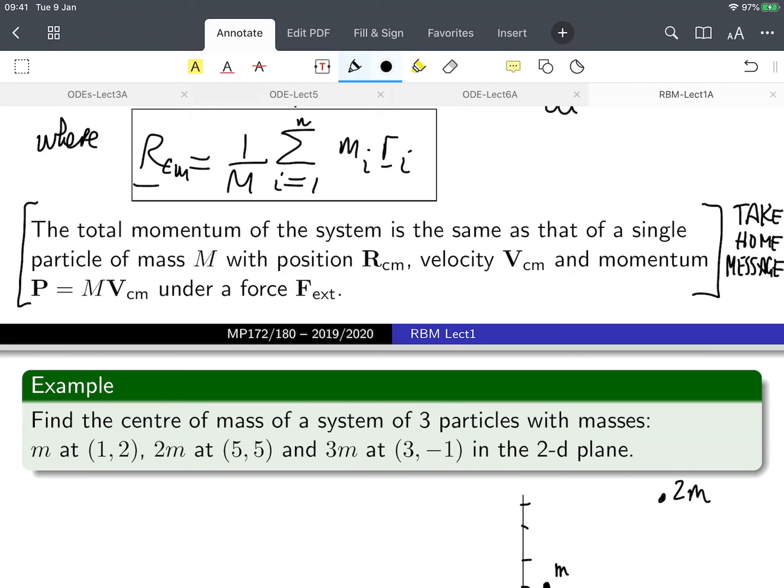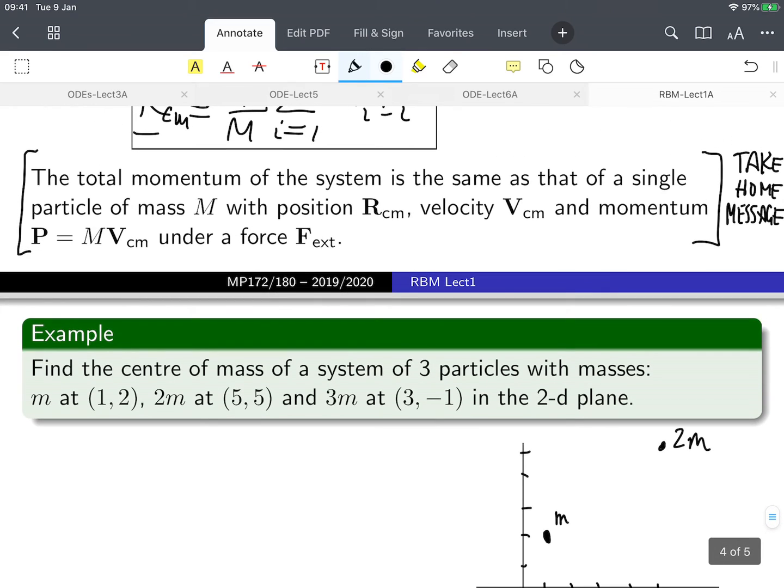So you just need to write that formula, but now with n equal to 3, right? That's m1, m2, m3, and r1, r2, r3. Compute the average weighted position. Okay, we do this one together and then we'll have time to do one from a past exam paper. What's the total mass? m plus 2m plus 3m, 6m, over 6m.